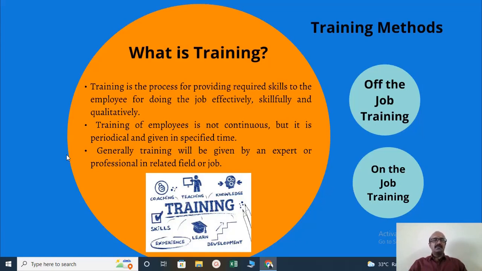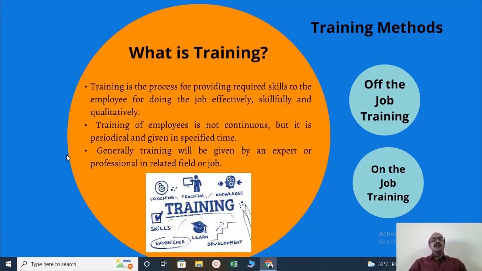Training is mandatory for each and every employee who newly joins an organization, because it helps new employees learn about the organization's policies, procedures, rules and regulations, and more detail about the job: how they have to perform in a specific period of time, to whom they have to report, what task is assigned, and how to attain the task in a specific period of time in a qualitative way.